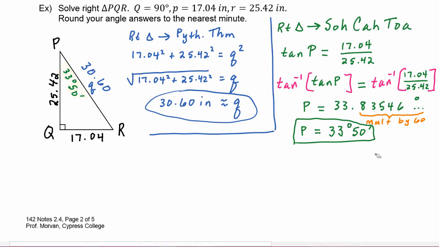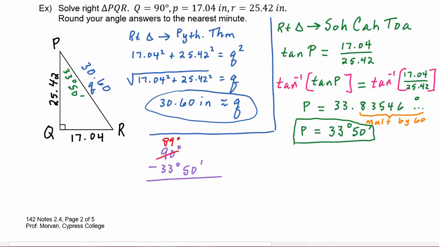Now, if you feel really confident in your answer, then you could go ahead and use the fact that P and R have to be complementary, and to find angle R, we could just do 90 degrees minus 33 degrees, 50 minutes. We know we're going to have to borrow.